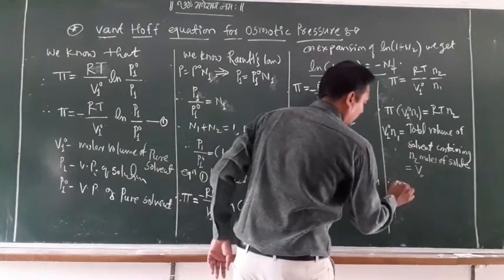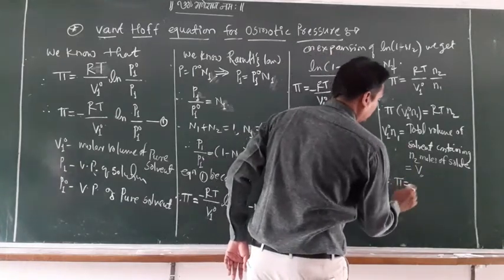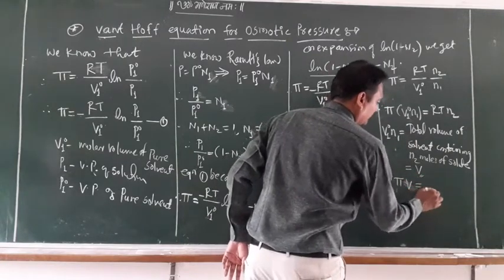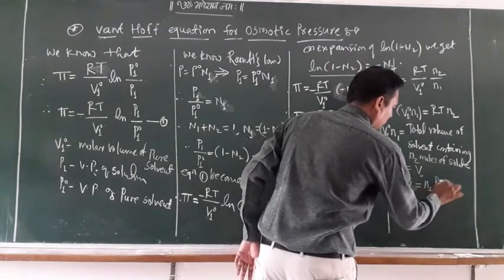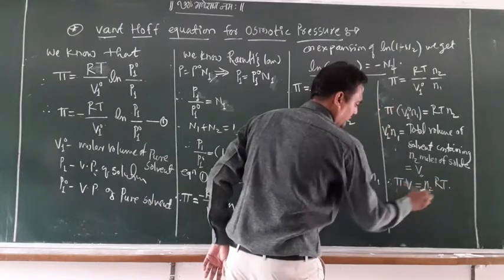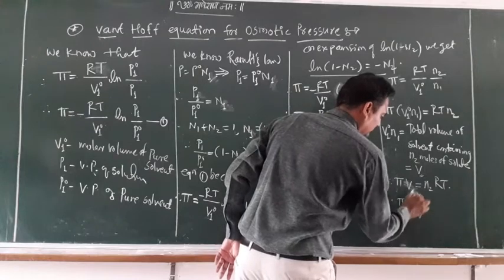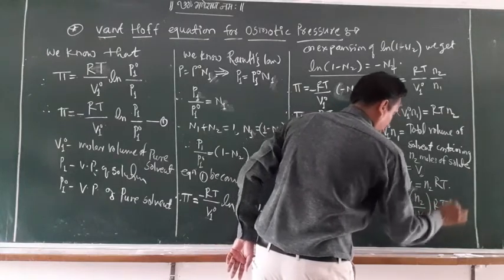So pi into V is equal to n2 into RT. If you transfer this V here, pi is equal to n2 upon V into RT.